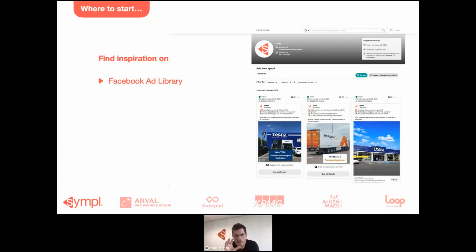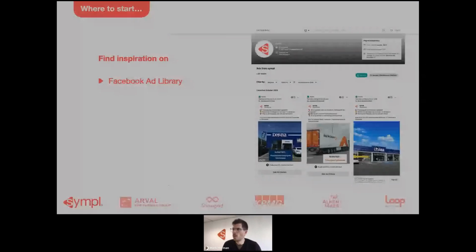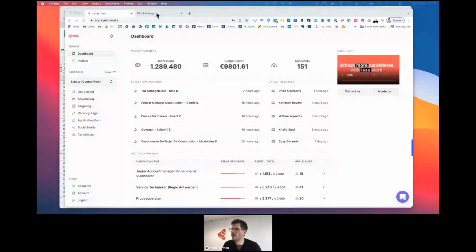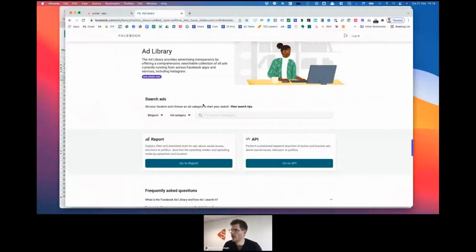Well, one of the best places to start, we think, is the Facebook ad library, which allows you to look at what ads other companies, and that might be your competition, are actually using today on Facebook to recruit. To make that clearer, we'll briefly go live to the Facebook ad library, which you can see here.